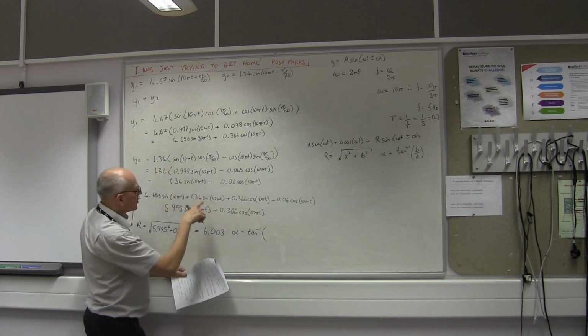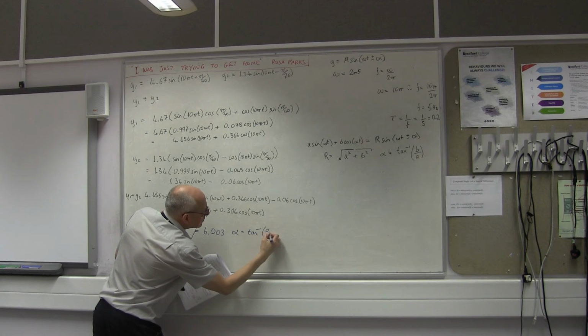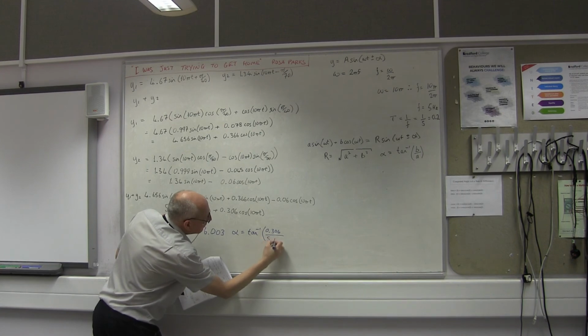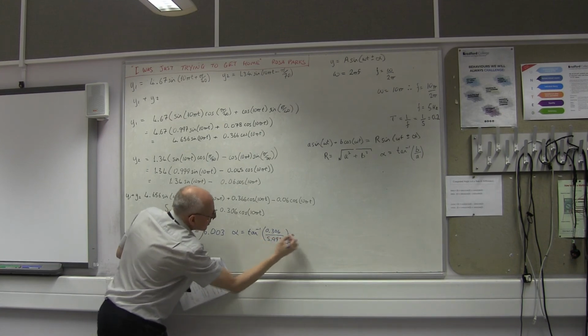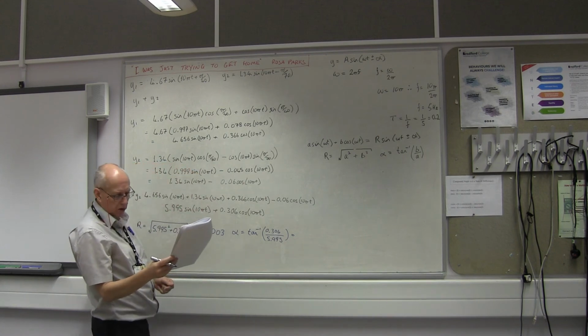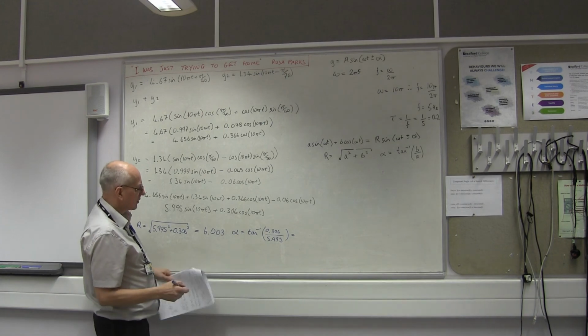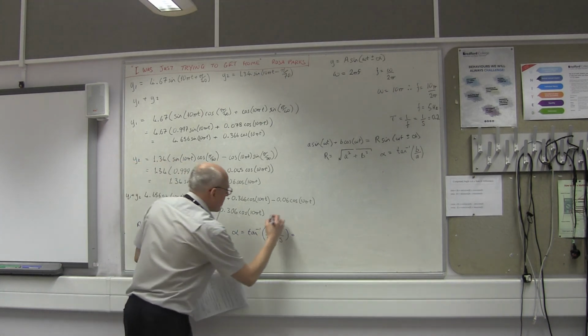And the phase angle is found from the inverse of tan of B over A. So my B is this, and my A is this. And that looks like it'll give me a low number. Remember this is calculated in radians, okay?